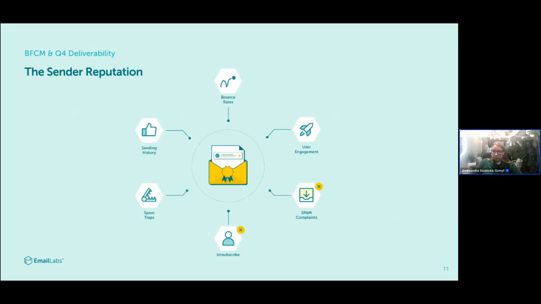It also depends on whether the unsubscribe option is easy and available and the unsubscribes are being honored, and providers also look at your contact base and search for possible spam traps and spam trap activity. And we will also talk about spam traps later on one of the next slides.